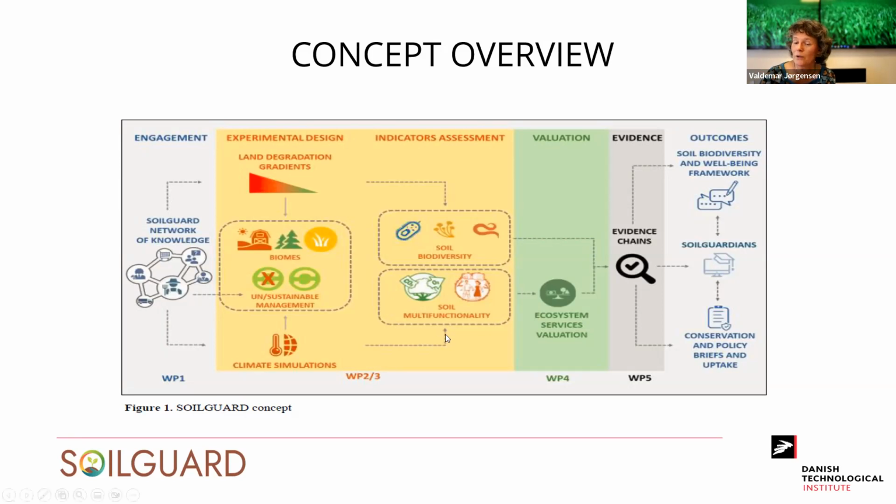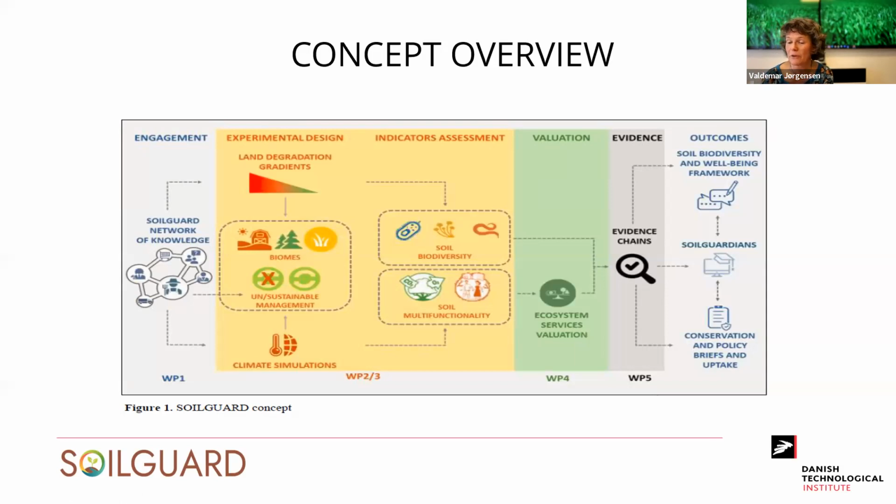And all of that will then feed the work in work package 5, that is to develop a set of evidence chains. How is all this interlinked? So what cascade of effects will it have if you choose to shift your plowing of your fields to a reduced till or a no-till practice?